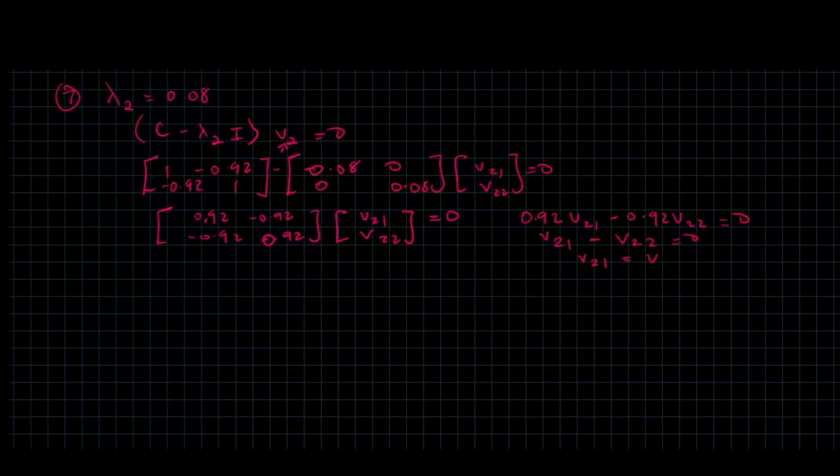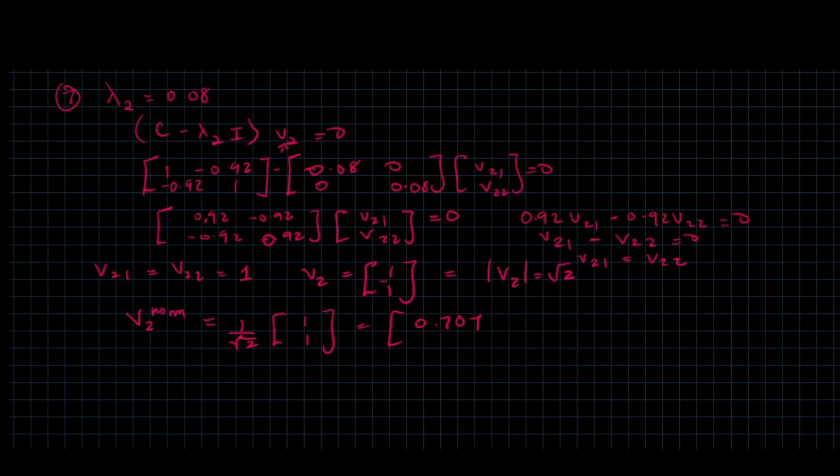That means V21 is equal to V22. We're simply going to equate V21 to a very small value, 1, and since V22 is equal to V21, it should be equal to 1, which means V2 is equal to 1, 1. The magnitude of V2 is equal to root 2. Now to normalize V2, it's going to be 1 over root 2 times 1, 1, right? Which simply gives us 0.707 and 0.707. These are our eigenvectors.